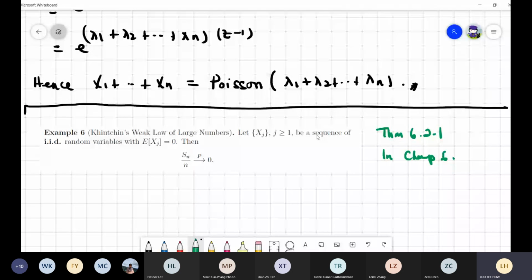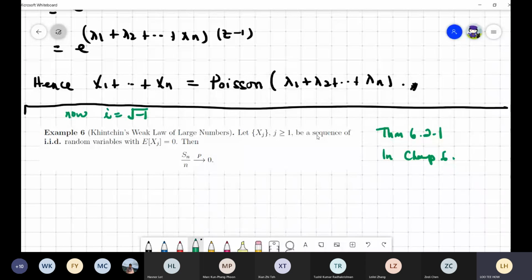Supposing we have a sequence of random variables Xj. I switch the index from i to j because here i is reserved for the square root of -1, so that's why I use j instead of i.